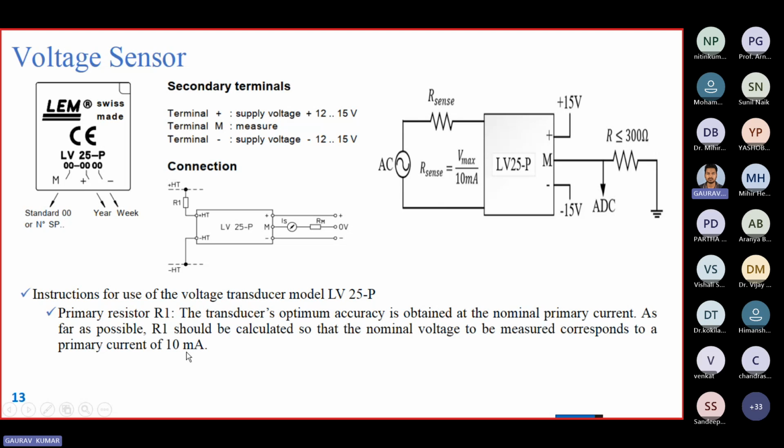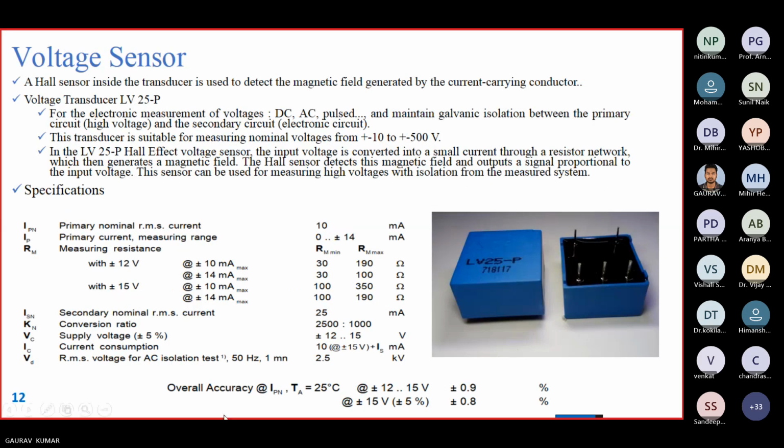Then the voltage sensor is properly designed and has much more accuracy, because it is written in the datasheet also that you have to select the primary nominal RMS current approximately within the range of 10 milliamp.